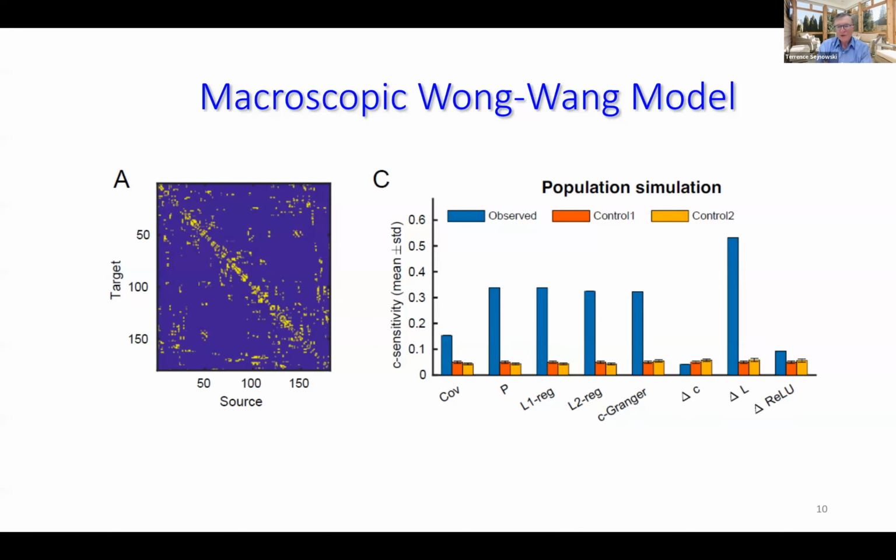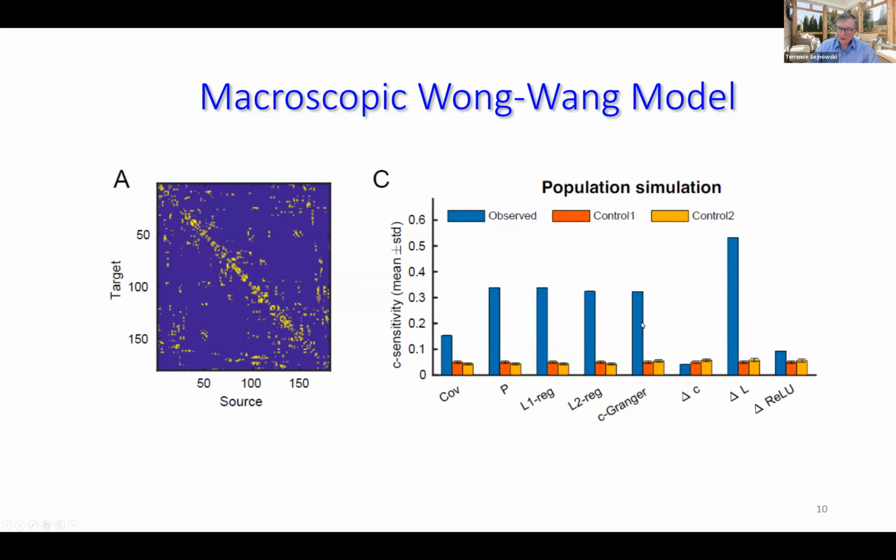What about these neural mass models? Well, here's one. This is the macroscopic Wong-Wang model. And we put in the connectivity from the Human Connectome project. And here we go. We can show that, compared to the controls, a lot of these methods do pretty well.